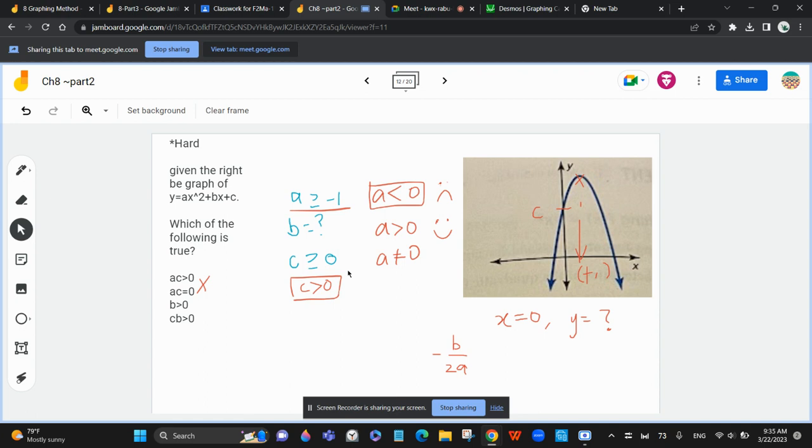So what I mean is that we use negative b over 2a to find the vertex. So in this case, this one is larger than 0. And we know that a is less than 0.